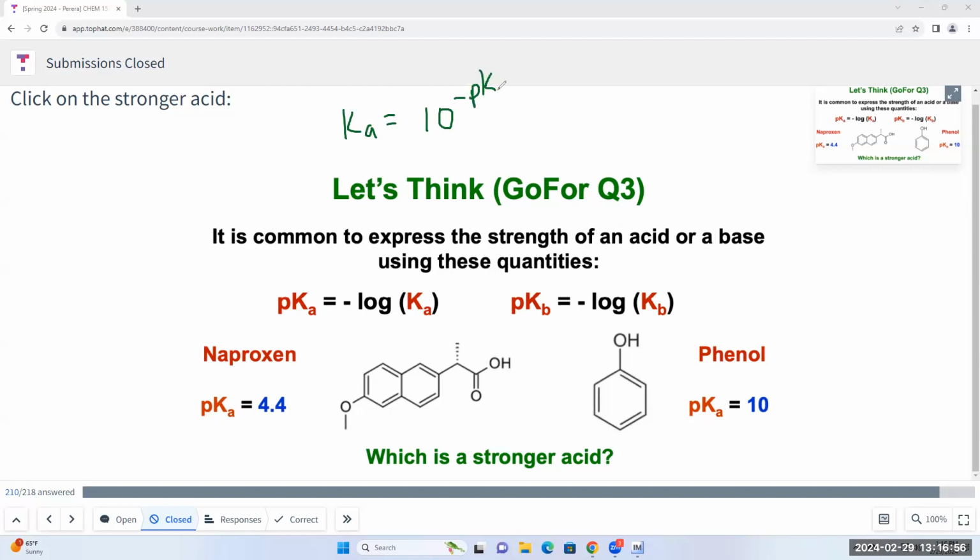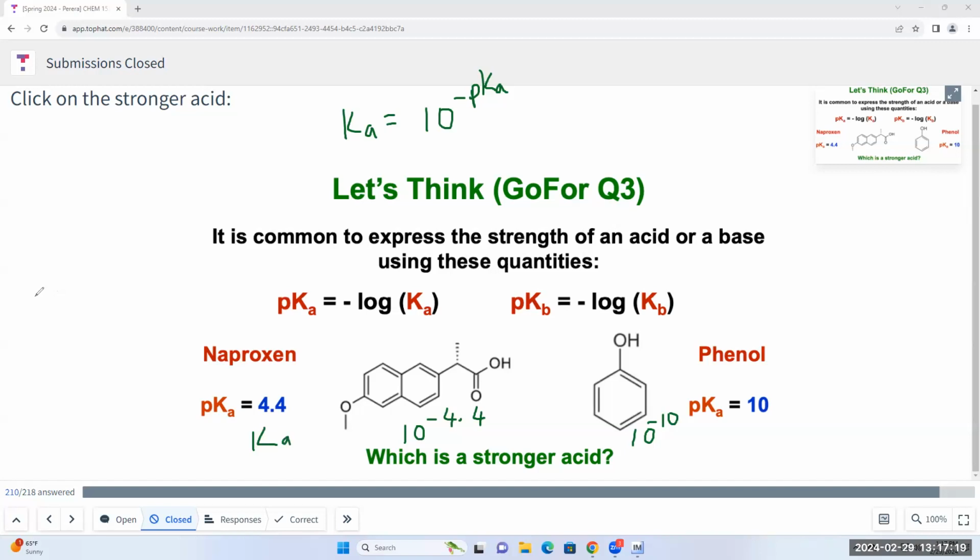It's the same relationship that we use with pH. Therefore, for naproxen, the Ka value is 10 to the power of negative 4.4. And for phenol, the Ka value is 10 to the power of negative 10. These are my Ka values.